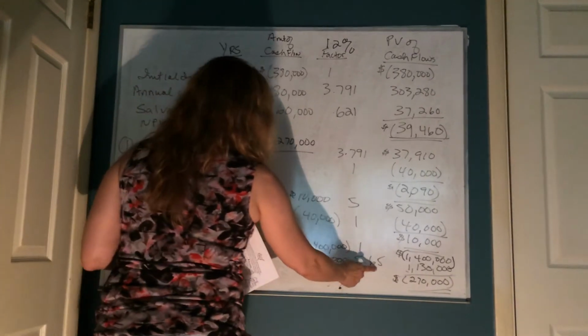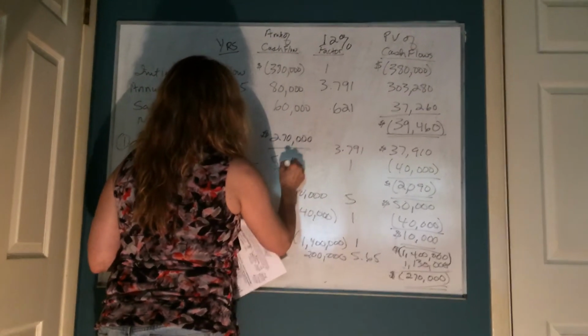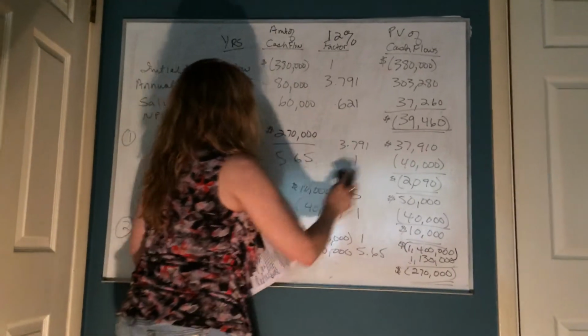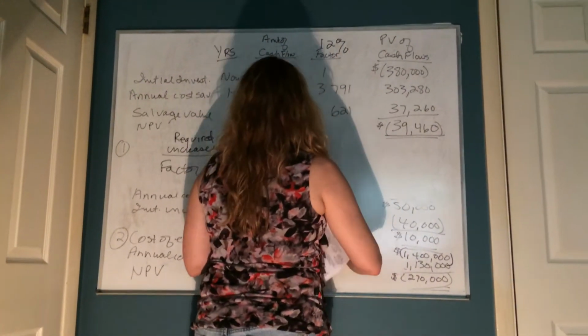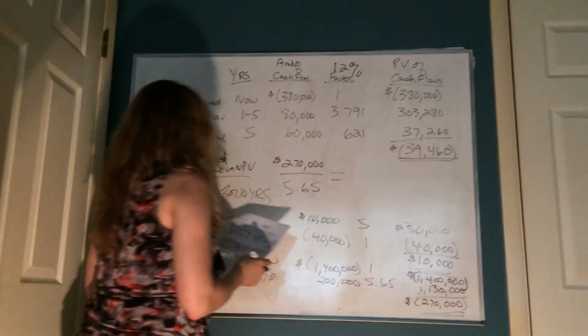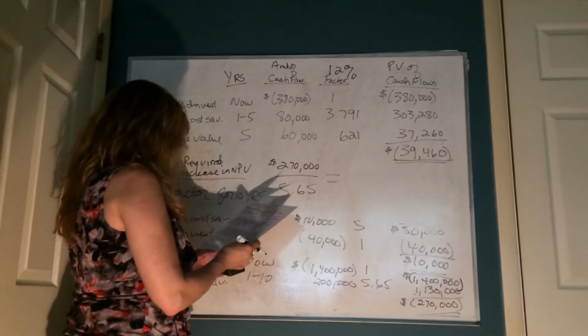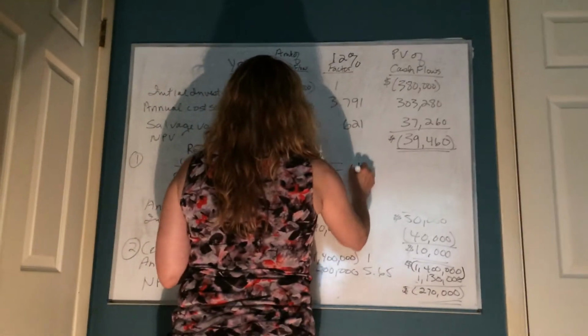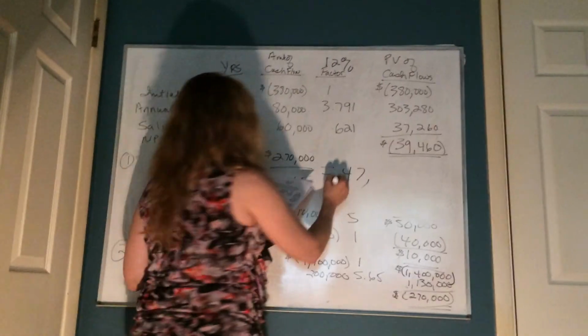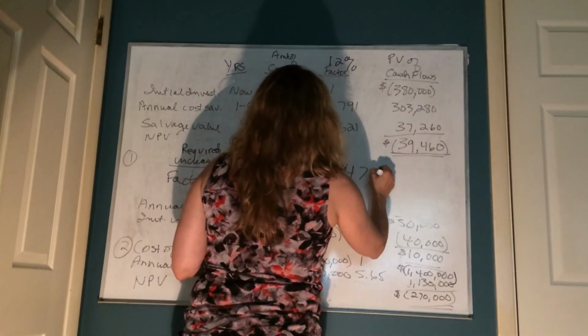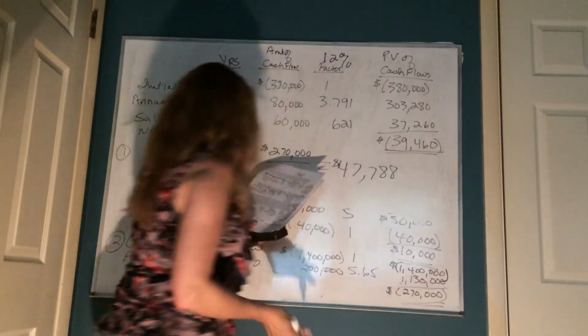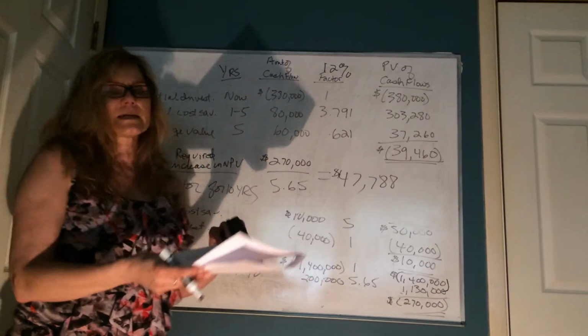Our 10-year factor is the 5.65. So if we divide 270,000 by 5.65, I rounded this number, it's not exact, but it would be $47,788 rounded.